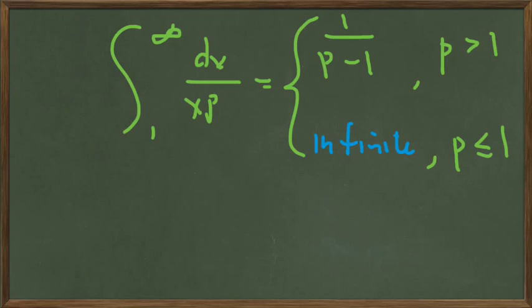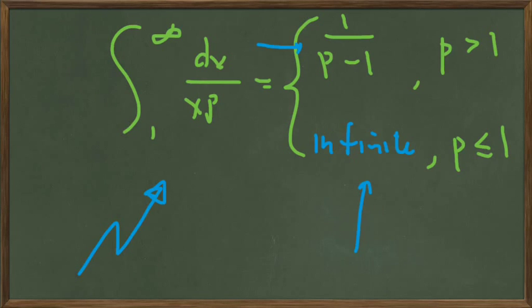Most of the examples in this section are just variations of this. The main result is this, and on the exam I'm going to want you to know how to verify these two results, the finite case that gives 1 over p minus 1 and the other two cases that give infinite.